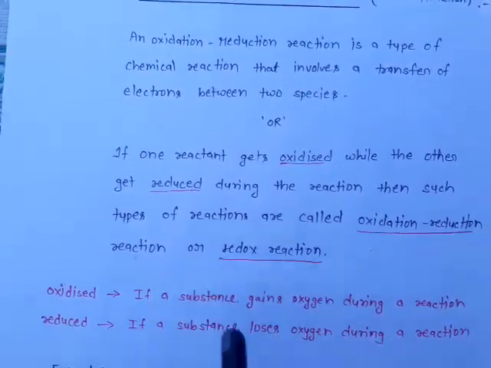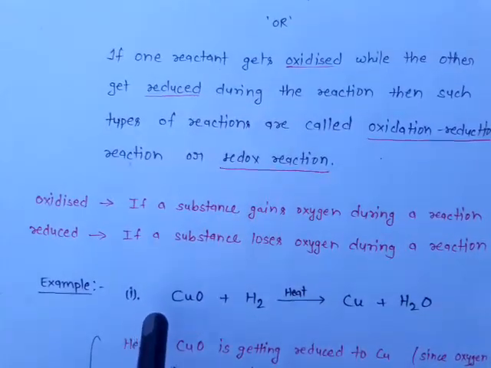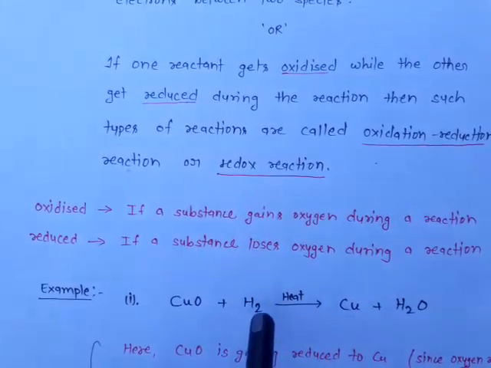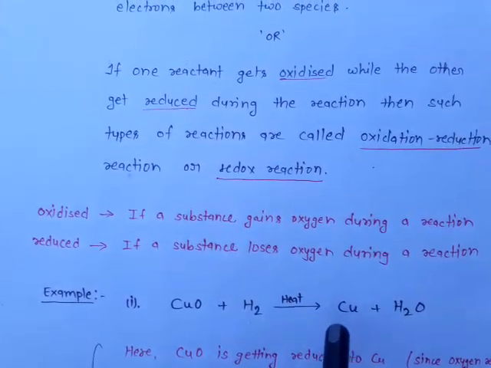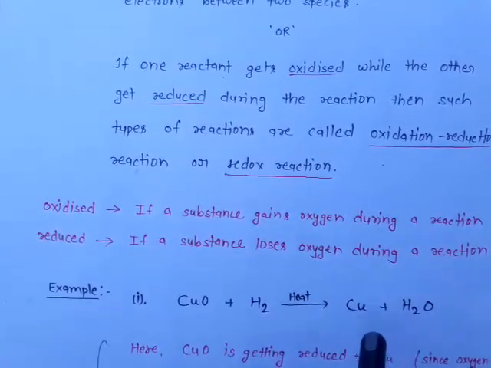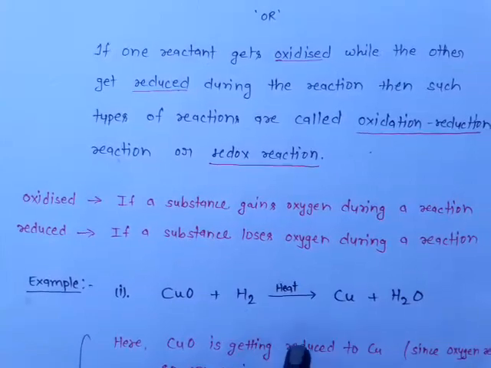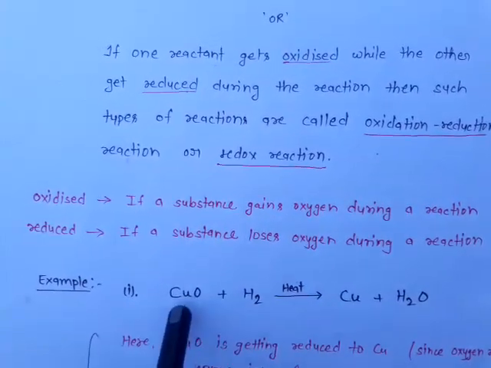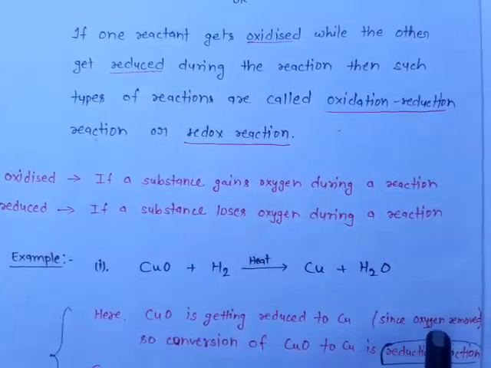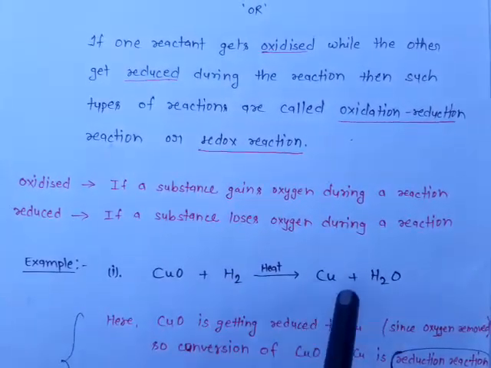And this can also be understood with an example. Example is CuO plus H2, with heat, we get products Cu and H2O. Here two reactants and two products. Now CuO, copper oxide, is getting reduced to Cu. That means CuO is reduced to Cu and oxygen is removed. Here oxygen is combined with Cu and here oxygen is removed.